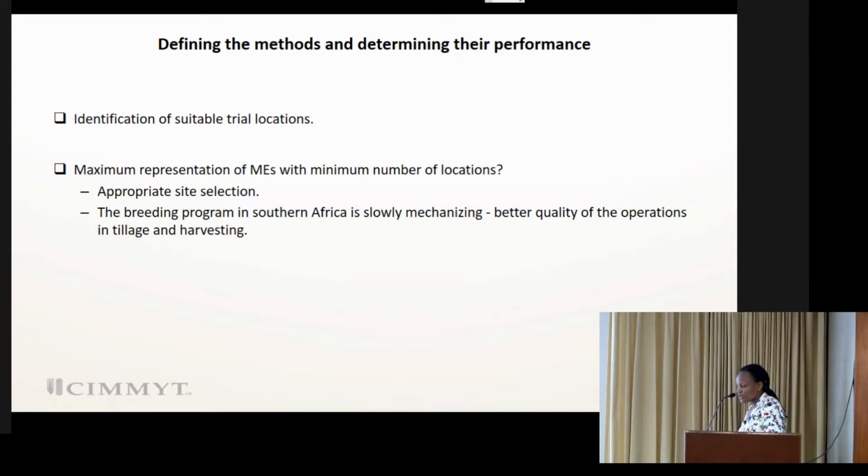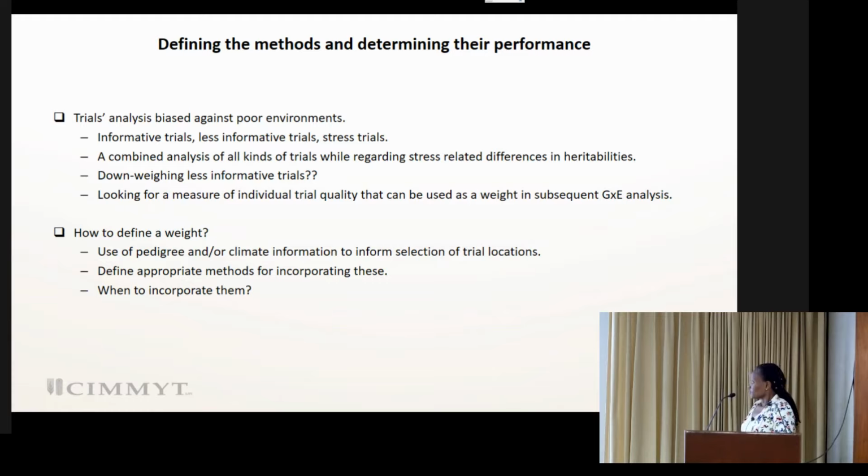So sometimes breeders are thinking about, instead of going out to set new trial locations, why not understand G by E trends in the existing locations and then expand the work they are doing within those trial locations they already have, as it is cheaper than going out to set out new trial locations for evaluations. So these are some of the things that we are going to be considering as we develop these methods.